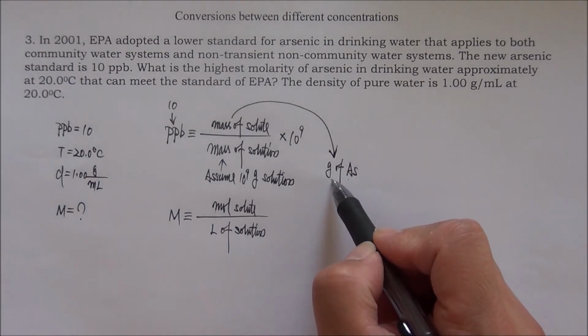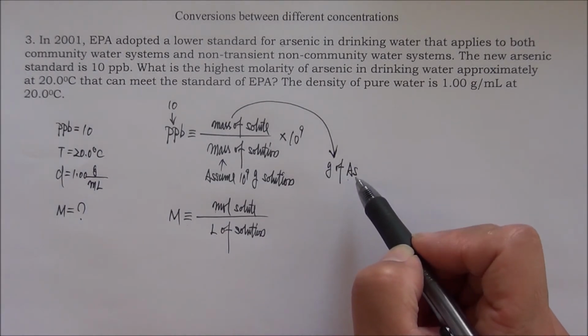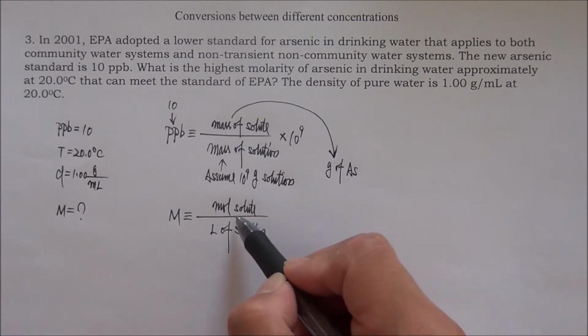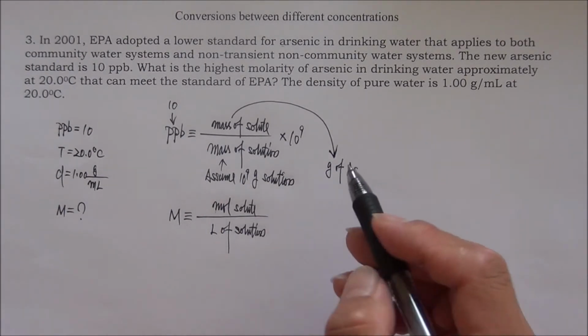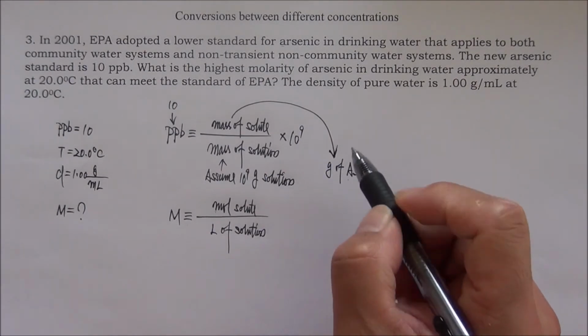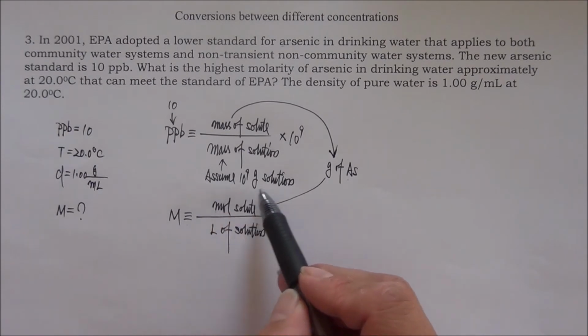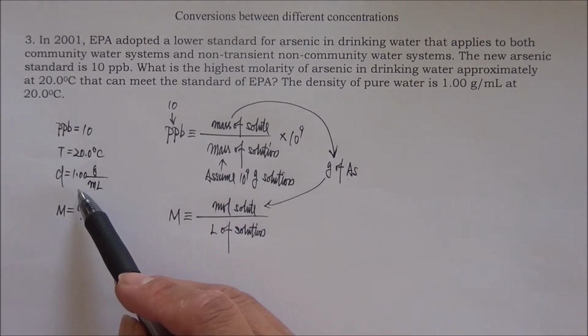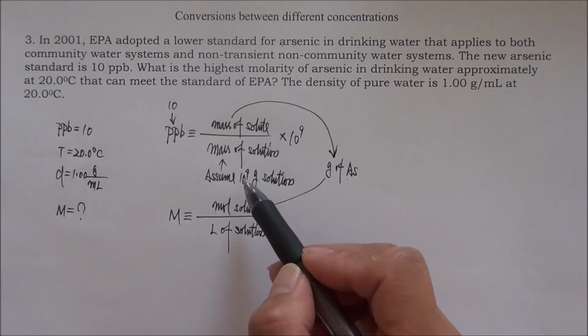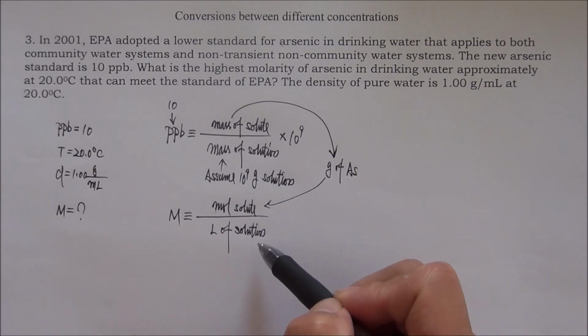If we know the grams of arsenic, which is the solute, we can convert to the moles of solute, which is arsenic, by using the molar mass of arsenic, which we can look up from the periodic table. We already know the mass of the solution. If we know the density of the solution, we can convert to the volume of the solution.